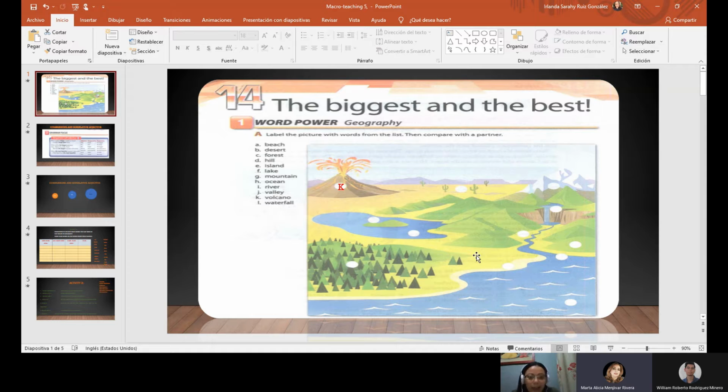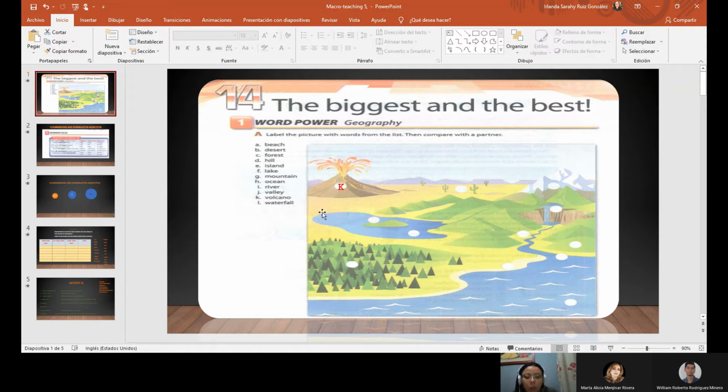Now we're going to continue with unit 14, and the topic is the biggest and debates. In this opportunity, we have a word power presentation about geography.